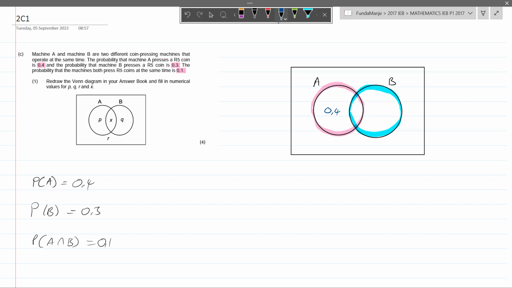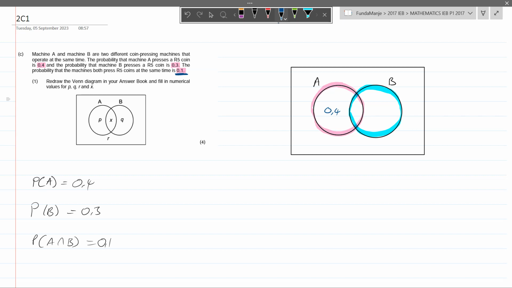What we put here is the A only, but this entire pink circle represents the probability of machine A pressing a 5 Rand coin. So we have to account for the values where they intersect.